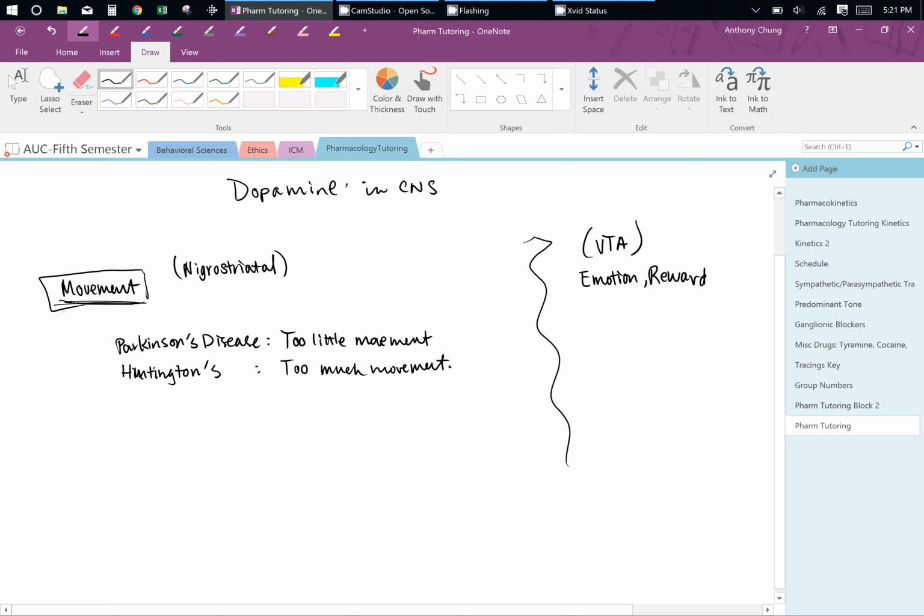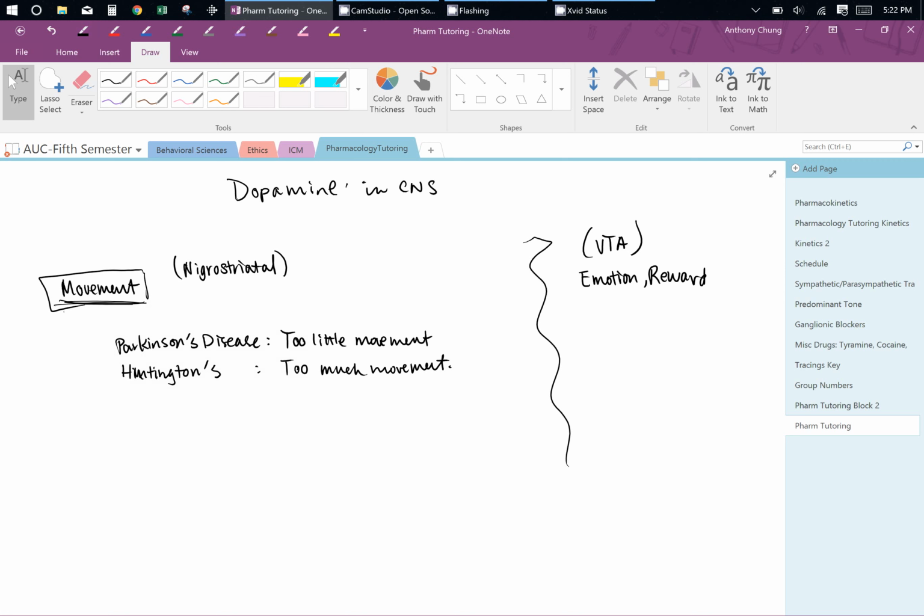One is trying to decrease the movement, and the other one is trying to increase the movement. They call one of them the direct pathway and the other one the indirect. Don't get too hung up on these terms. With the indirect, they basically mean there are way more neurons involved, and one is inhibiting the other that's inhibiting another. So that's why it's considered indirect.